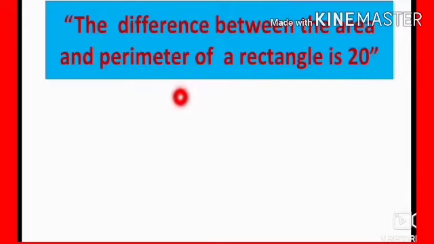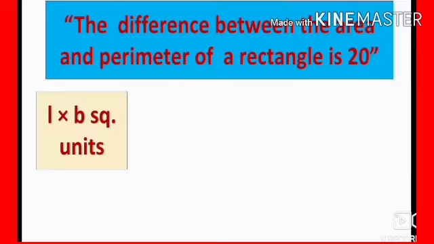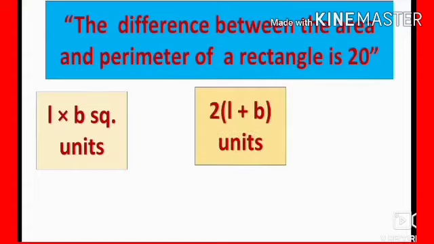So what is the area of the rectangle? It is L into B square units, where L is the length of a rectangle and B is the breadth of the rectangle. And what is the perimeter of a rectangle? It is 2 into (L plus B) units. Now, the difference between the area and perimeter of a rectangle: the word difference represents the minus sign, and the word "is" represents the equality sign.